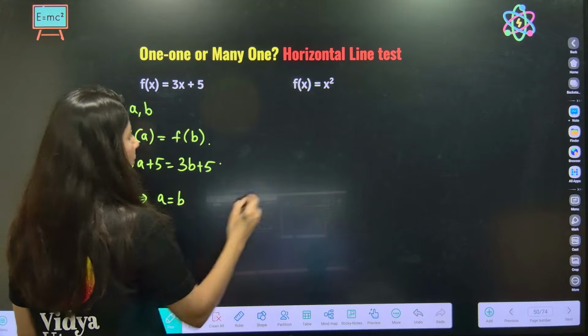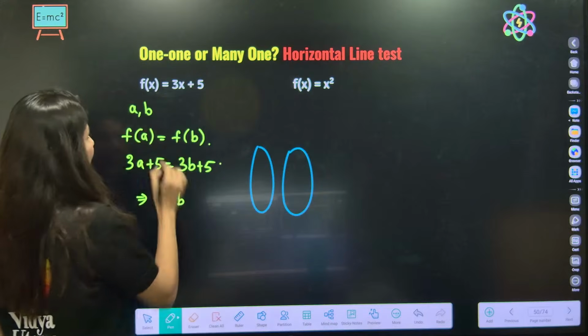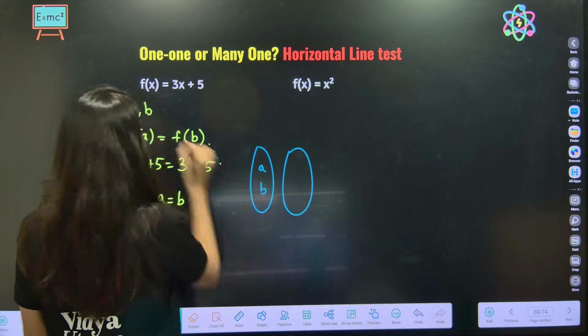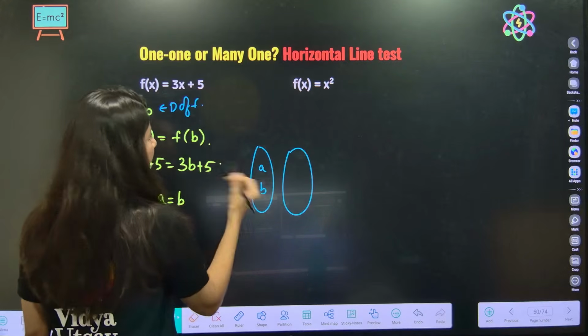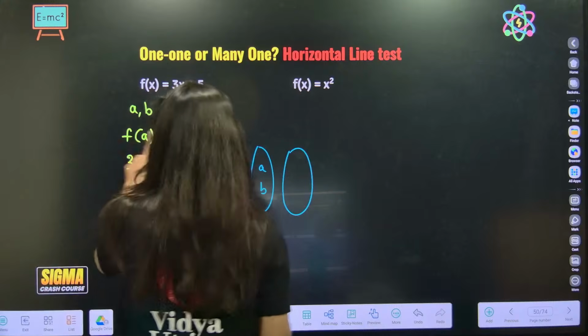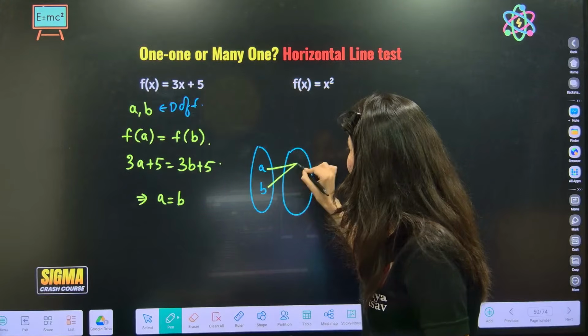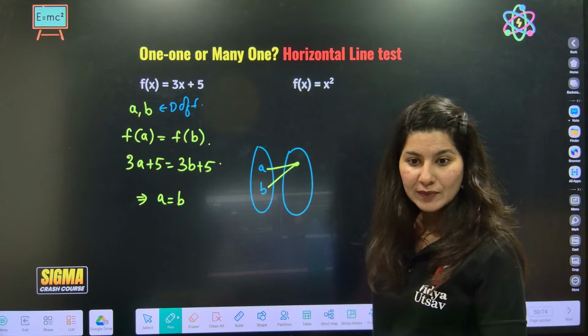Basically, what did you do? Using the mapping diagram, you have two values a and b in the domain, a and b belong to the domain of f. Now you are saying that f(a) is equal to f(b), meaning both a and b give the same output. This is the condition of many-one.